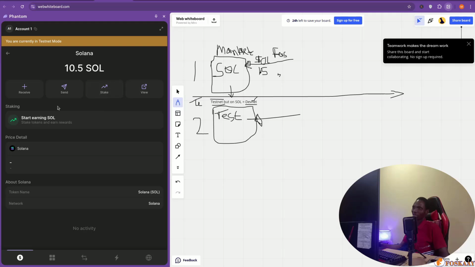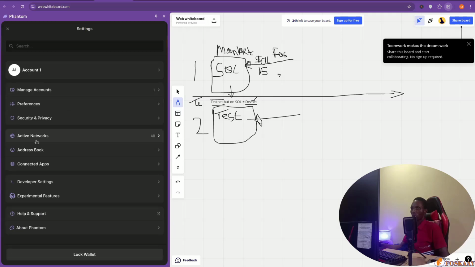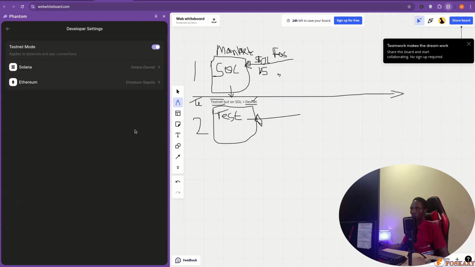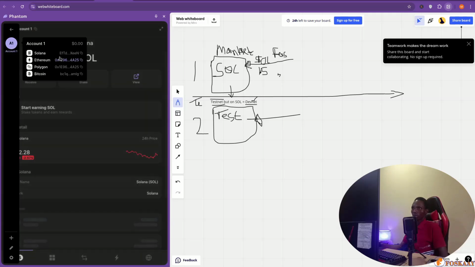So you understand? That is why it is impossible for you to transfer Solana or your SOL from DevNet to Mainnet. This same account now, you see it, on DevNet. If I change it to Mainnet, which I need to turn off here, you will see the wallet has nothing. So it's the same wallet, as you see.